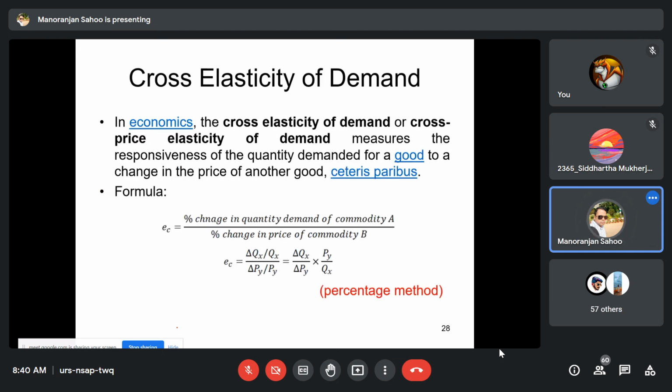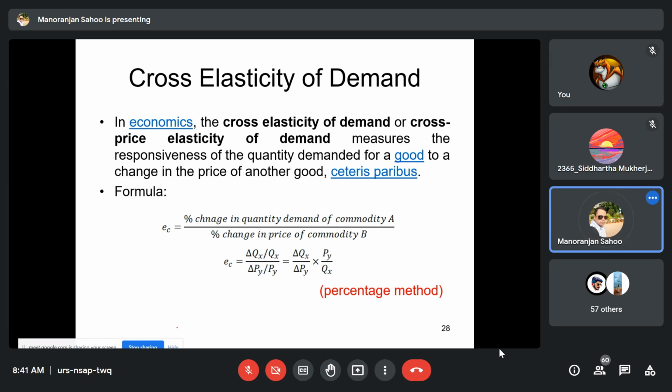Then the cross elasticity of demand. As I said, you can use this formula to calculate the elasticity in the context of related goods, like substitute goods or complementary goods. So the cross elasticity here is delta Qx by delta Py into Py by Qx.